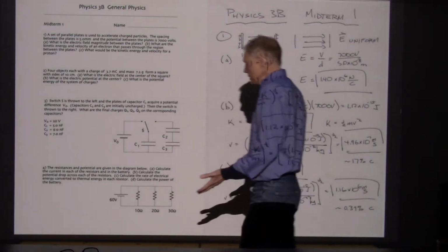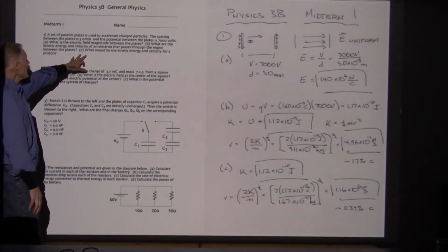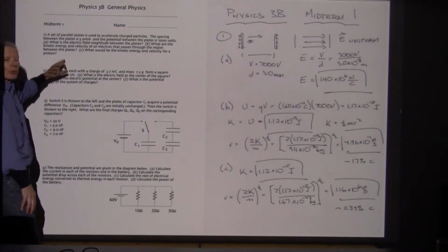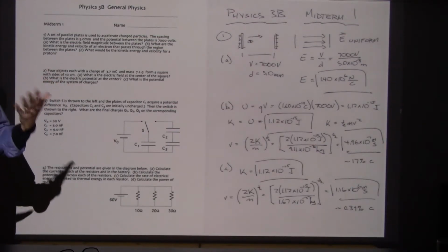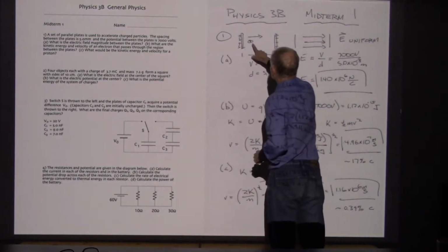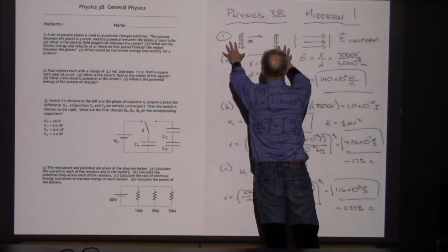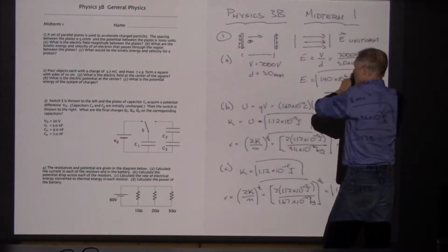Now in part C, we're doing the same thing again: kinetic energy and velocity. This time it's for a proton. If we did a proton instead, we'd have to flip the charges on the plates back. So this picture was drawn for the proton. This now is positive, this is negative, if we want the proton to pick up speed to the right.